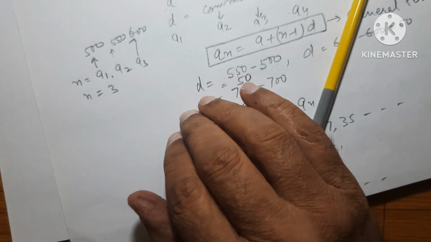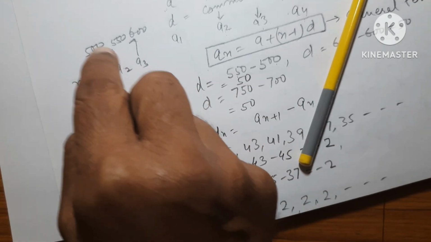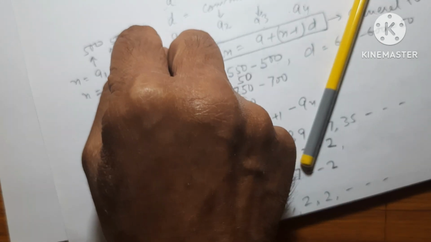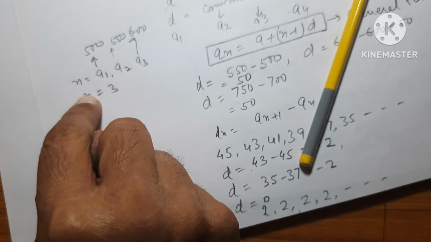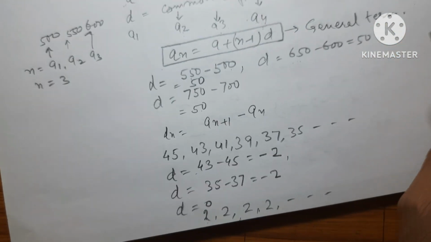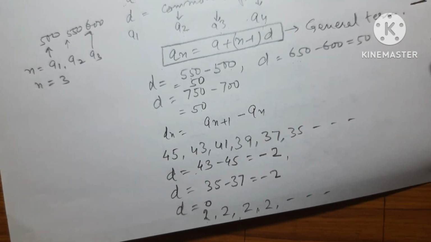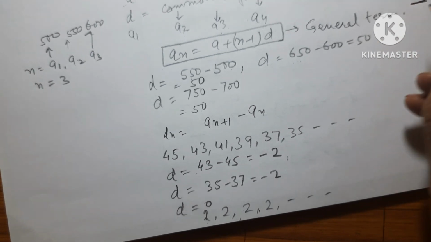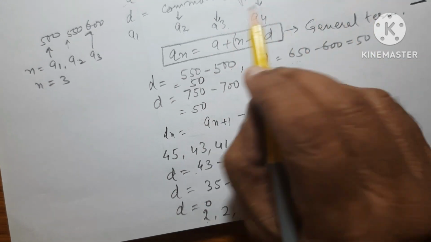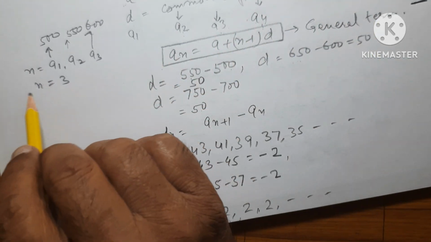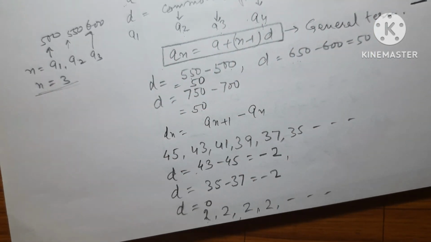So this difference you must understand clearly. Number of terms and the value of the term. These are two different things. The value of the term you can find like this. This is the formula for finding the value of the term. और कौन सी term है, दूसरी है, तीसरी है, चौथी है, it is written n. n is equal to 3, n is equal to 4, n is equal to 10.